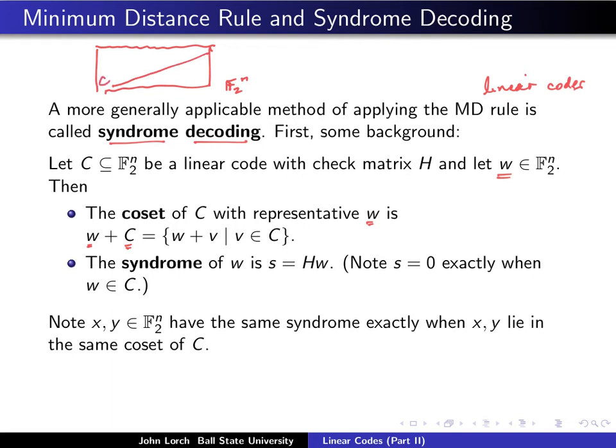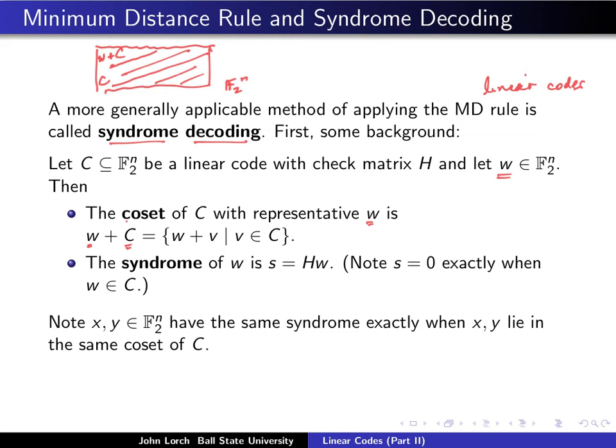And then W plus C is what you get when you add W to every single code word. So that's going to be maybe something like this up here, W plus C. So you would imagine that all of these translates would fill out the entirety of F2^n. Okay, so that's what a coset is. It's a sort of parallel translate of all the code words in C.